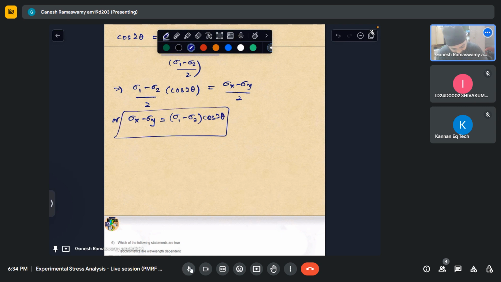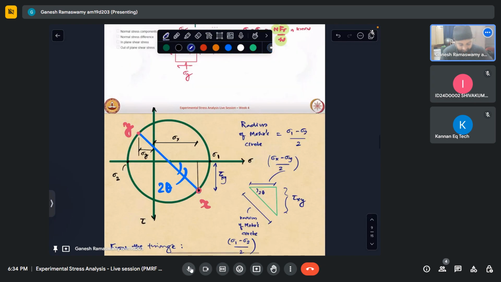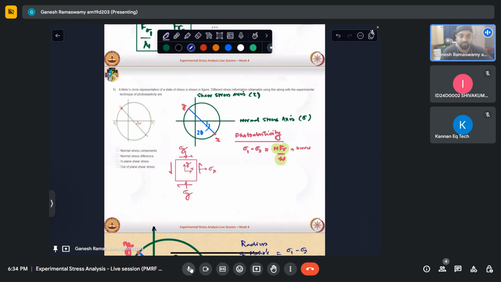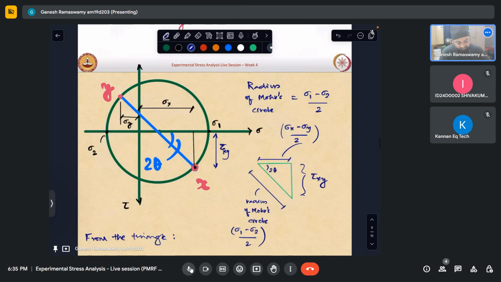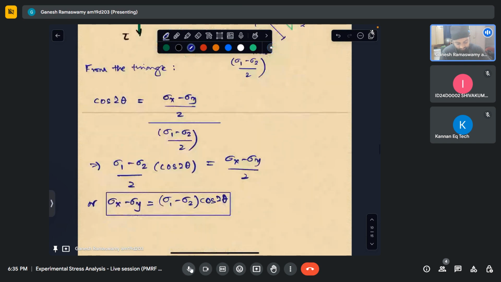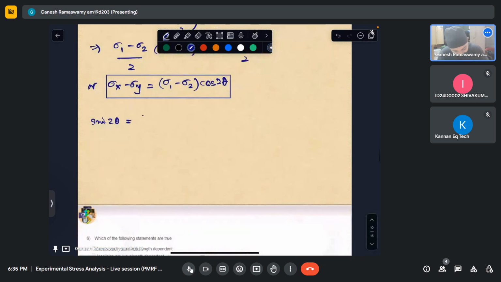And we know sigma 1 minus sigma 2 from photoelasticity. So once we know theta, we can calculate sigma x minus sigma y. And theta also we can calculate using photoelasticity from the isoclinic fringes. So normal stress difference we can get. Similarly, from the triangle, I took cos 2 theta. If I take sin 2 theta, sin 2 theta is tau xy upon sigma 1 minus sigma 2 by 2.